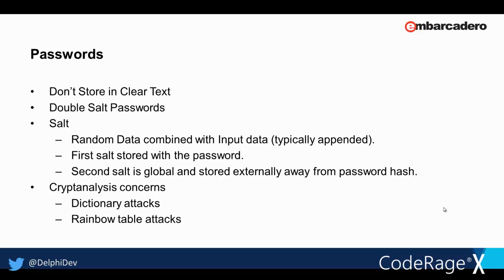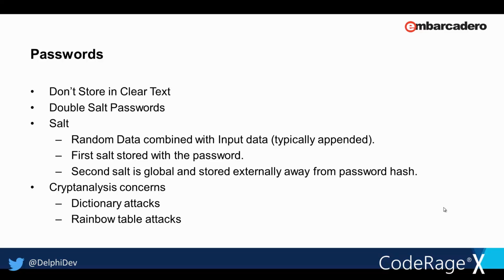When I hash those common passwords, I can have a pre-built dictionary that lists all of the known passwords, and then I'm easily able to figure out people's passwords, because I'm just comparing the hashes and I know the source data.